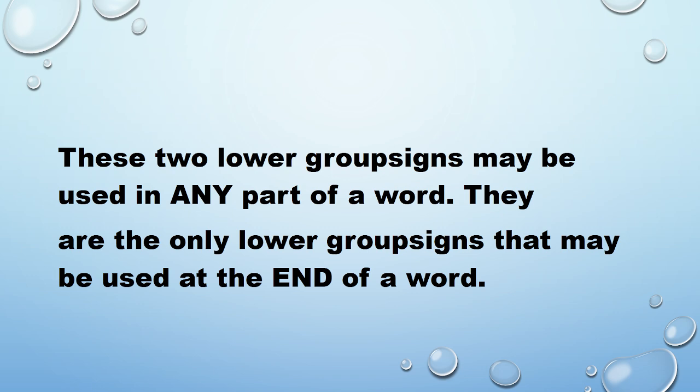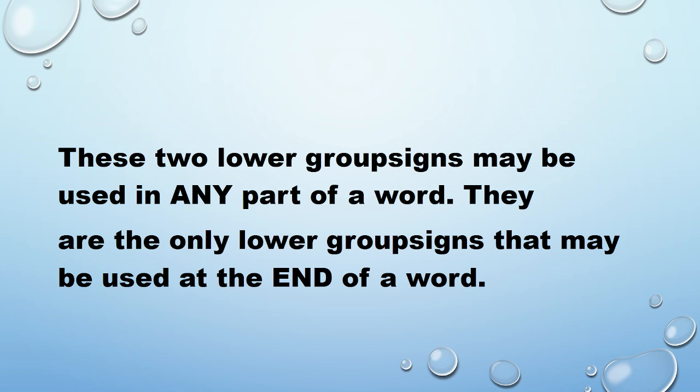If you remember, the previous two videos focused on group signs that can be used at the beginning, and in the middle of the word. So these two are the only lower group signs that can be used at the end of a word.